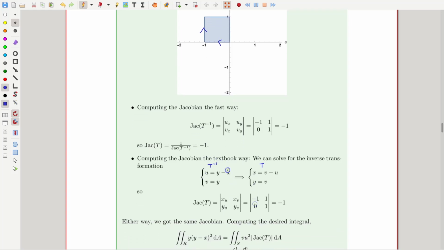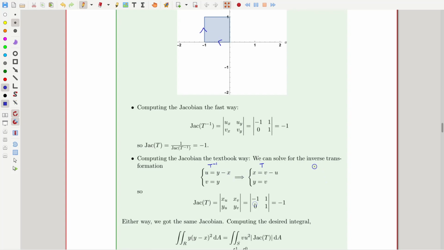The textbook way of doing it is that you start with this inverse transformation, and you need to solve for the inverse of this inverse transformation, which would just be the transformation T. For this, it's not so bad. Notice that y equals v, you can swap these two, and you get that. And then for this, you solve for x, and when you do that, I think of moving the u to the other side.